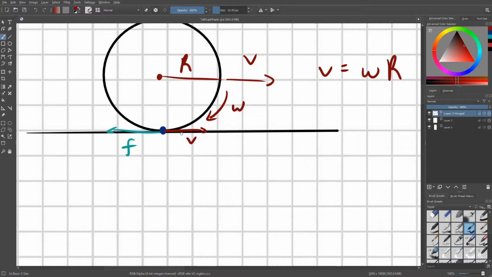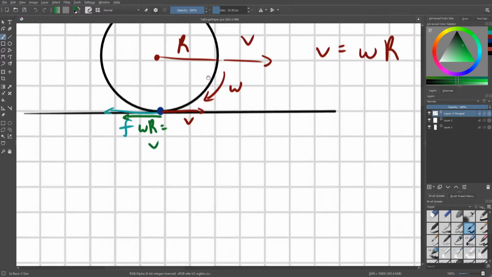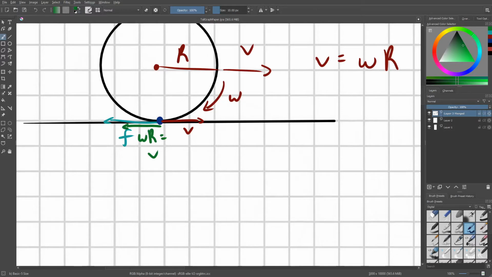We also know that it has, from its rotation, a backwards velocity, and I'll label this in blue and green, of omega times r, which equals v. So effectively at the point of contact, the displacement is always zero because these velocities cancel each other out.